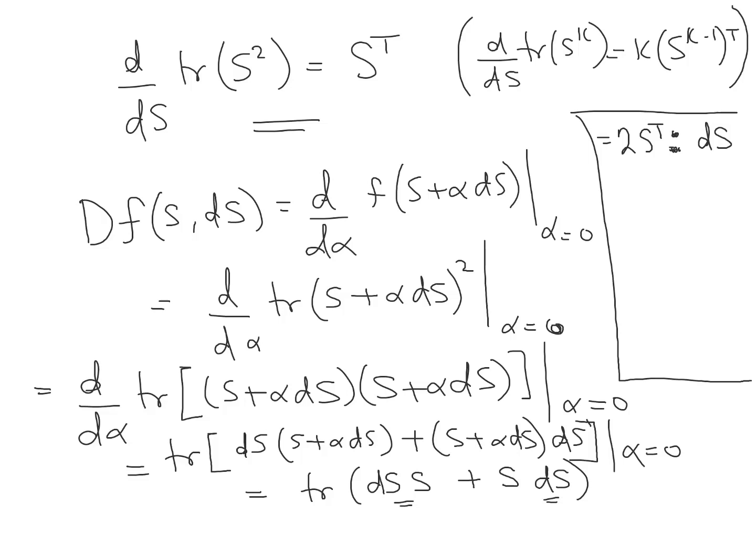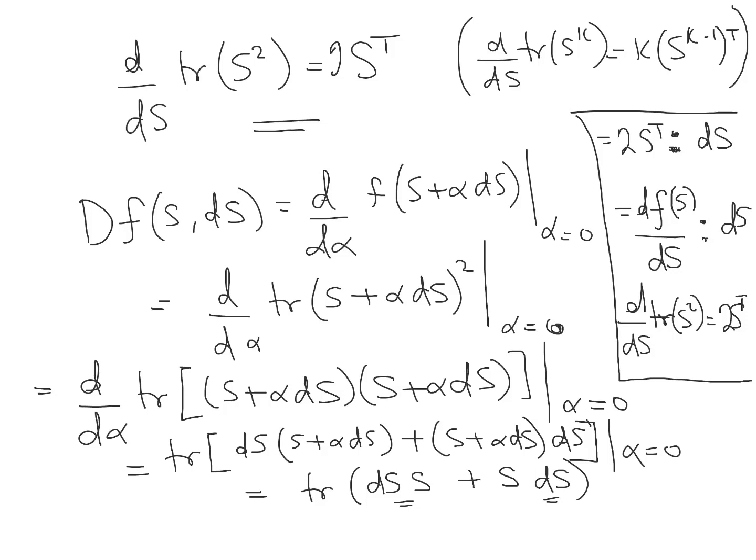Now, if you write this based on the table that we had, we would see that the derivative of trace of S squared is equal to 2 S transpose. So for k equal to 2, sorry, there's a 2 here. My apologies. That's the proof.